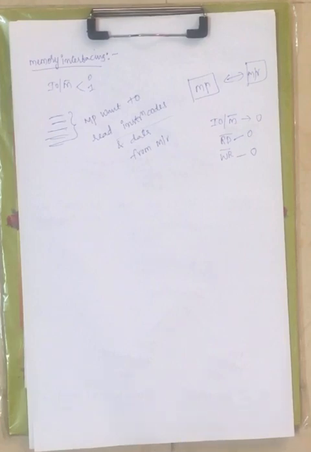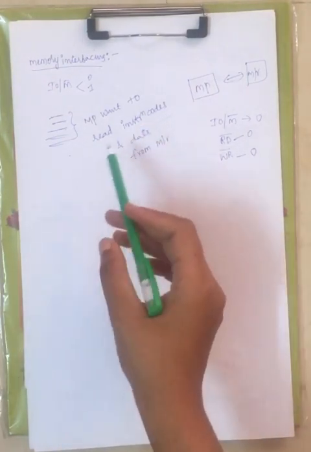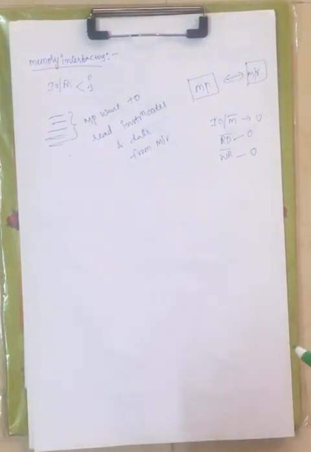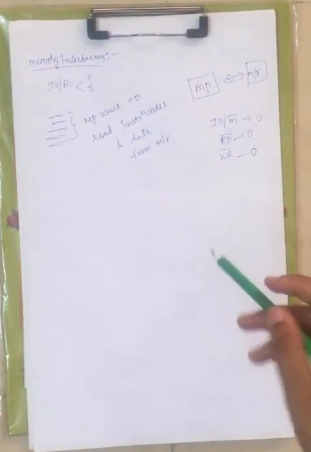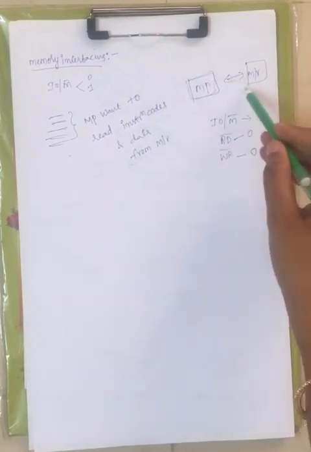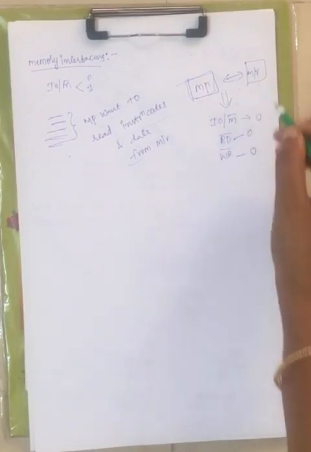This is the basic reason why to interface your microprocessor with the memory, because while executing some set of instructions, the microprocessor requires to read the instruction codes and the data from the memory. In order to do this, we require three signals.